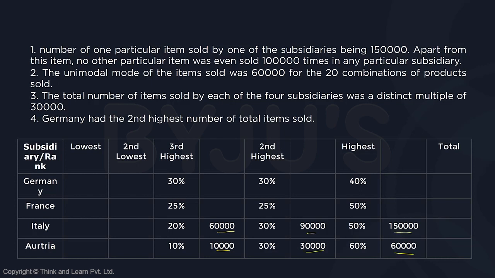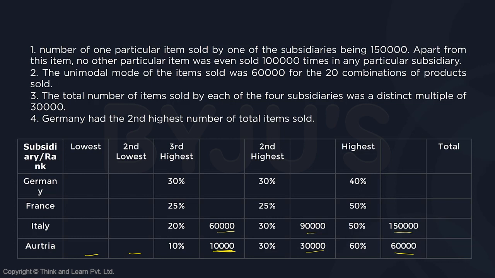Now for Austria, if third highest is 10,000, so these two numbers should also be multiple of 10,000, but it has to be either less than or equal to this, right? Because it cannot be more than third highest, because these are the lowest and second lowest number of items.